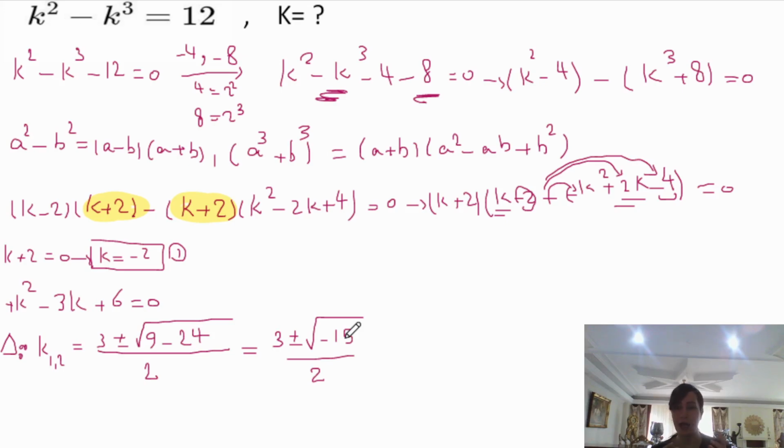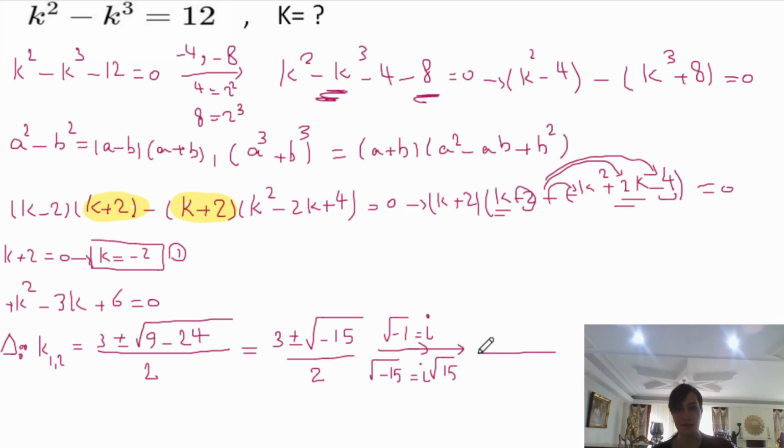I know the square root of negative 1 equals i. So I can write the square root of negative 15 as i square root of 15.